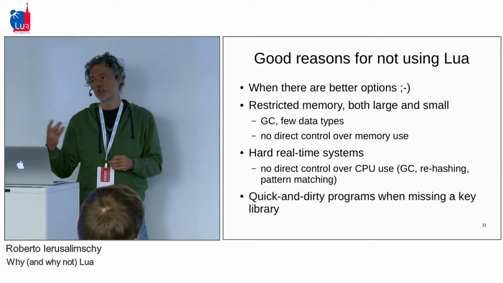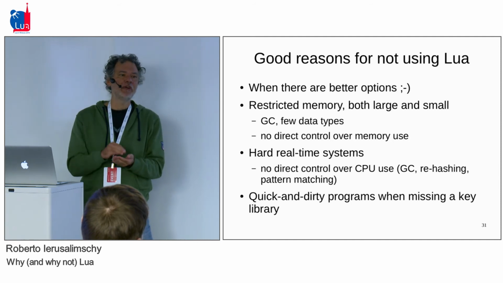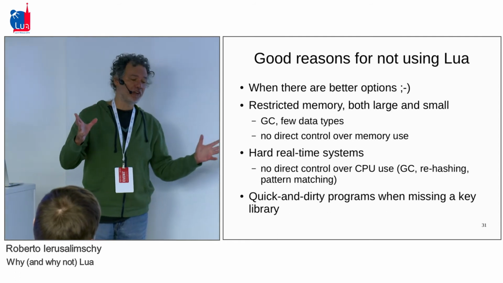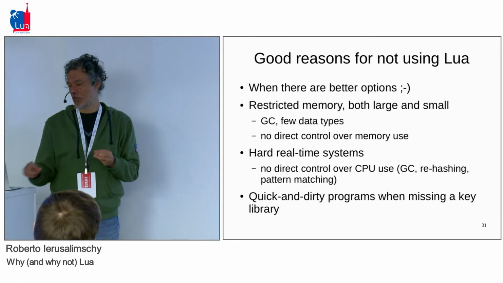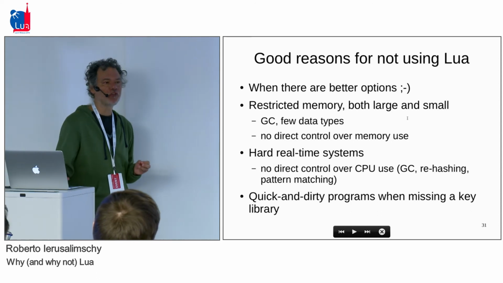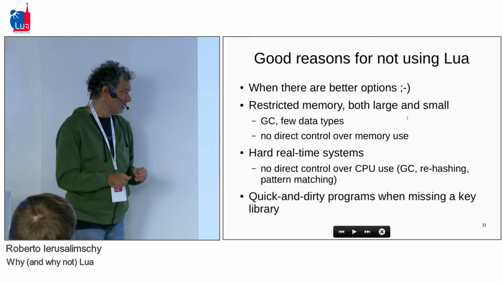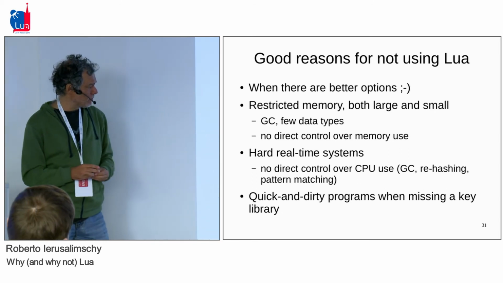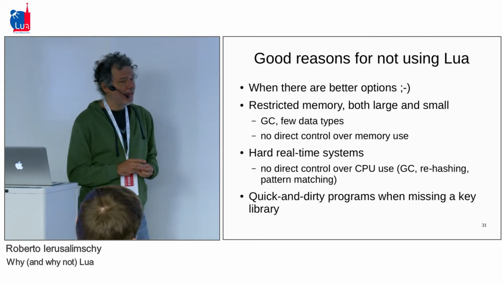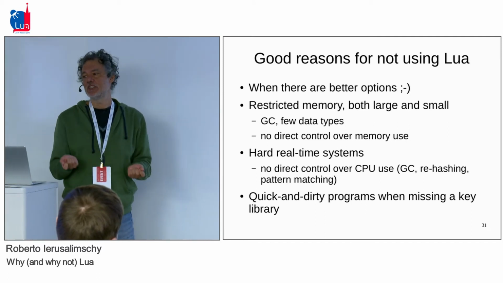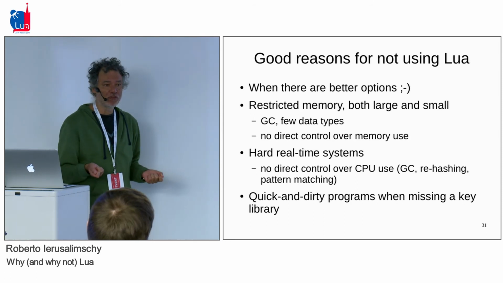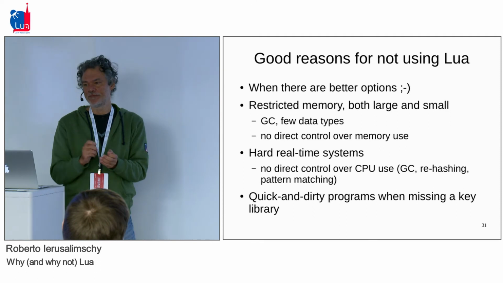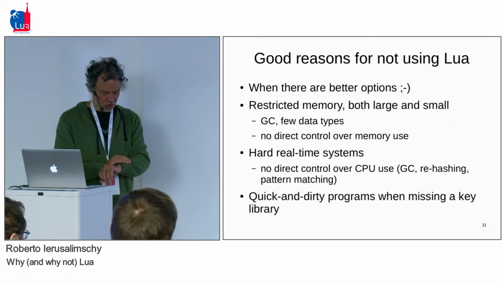Even in Java, if you do not know very well the libraries you are using, you have the same problems. It is a very good data structure, but if you do not know exactly how it performs, you have exactly the same problems. And sometimes, if you want to do some quick and dirty programs and you need a specific library and you don't have that library available, of course, you are not going to develop a new library just for your quick and dirty application.